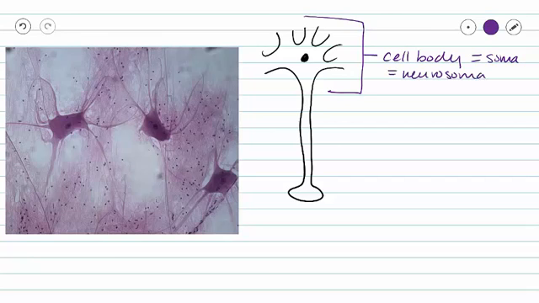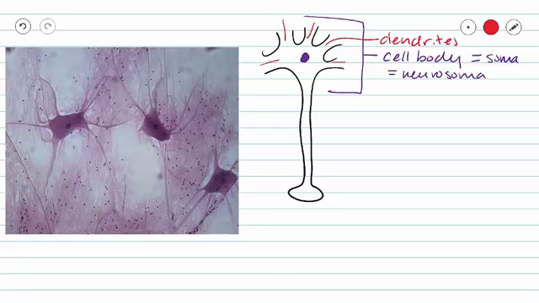But regardless, our cell body or soma is going to contain our nucleus, which I just highlighted in purple, and generally it is also attached to dendrites. All of these connections here are dendrites.